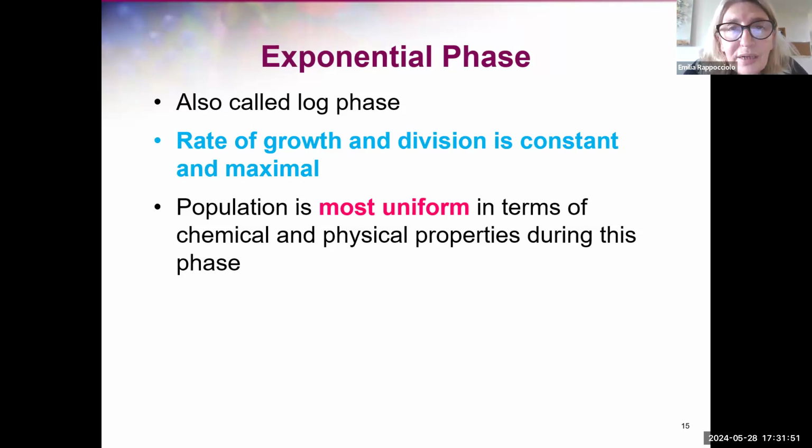If you look at every single cell in that population, you will see that they are more or less all doing the same thing. And so the population is uniform. They are all growing, they are all copying the DNA, they are all making more ribosomes, and they do it almost in synchronicity. So the population is at the most uniform state in terms of chemical and physical properties during this phase.